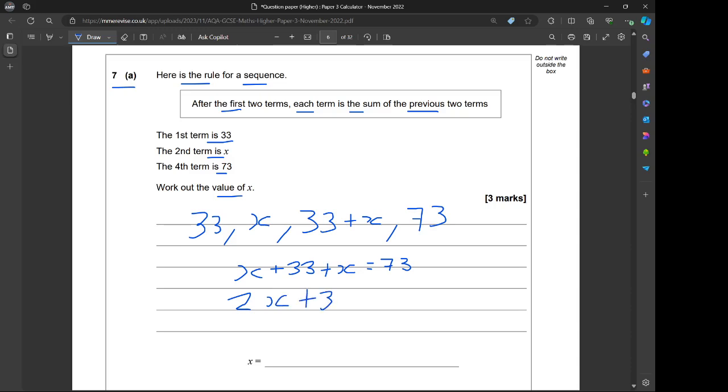I'm now going to subtract 33 on both sides, so I get 2x equals 40. So what would x be, guys? 2x equals 40. What would x be? Let me know, guys.